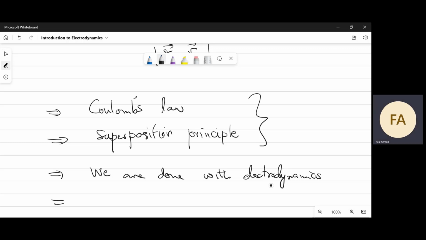All we do is try to solve, or try to put a problem in a way that we can solve it easily. This is the basic theme of electrodynamics: Coulomb's law, the interaction between two charges, and then superposition to add all the interactions.